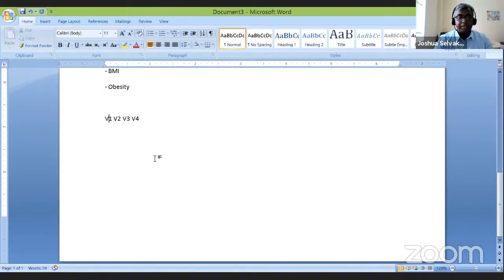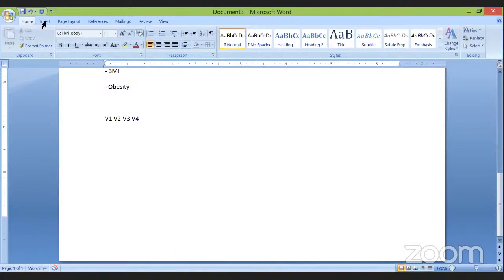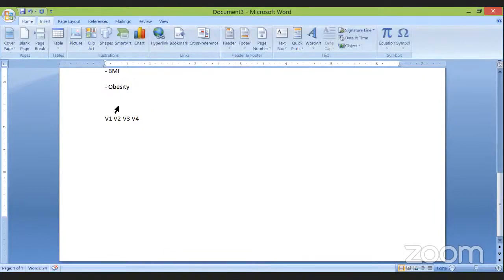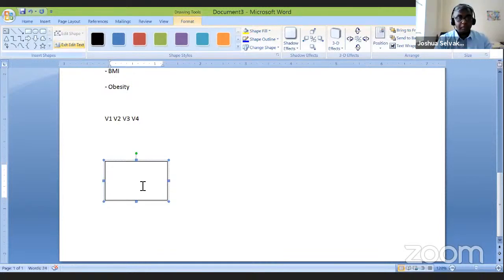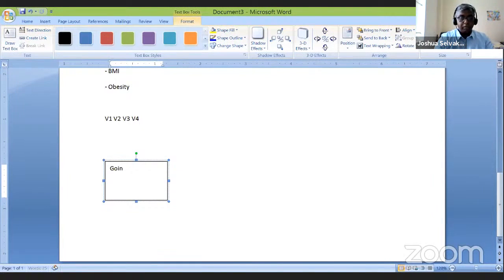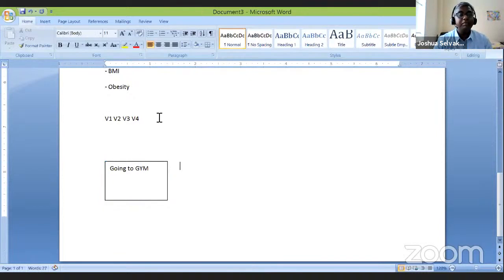For example, I'll draw a construct here. I'll put here: going to the gym. One variable, going to the gym. Why do we go to the gym?